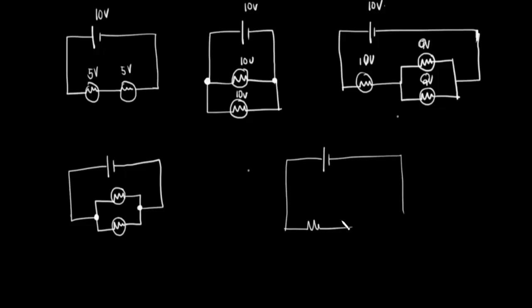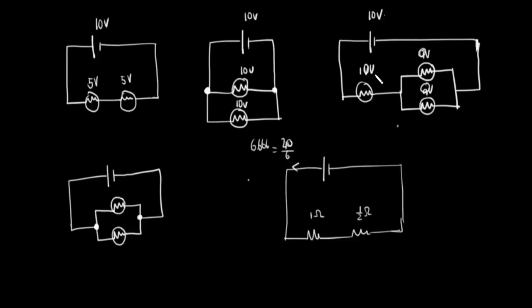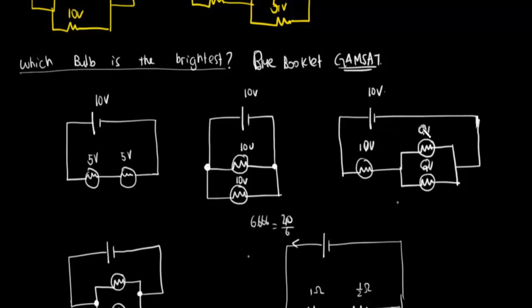We can assume this is 1 ohm, and if you combine these two, from the previous video we saw that this was equivalent to 1/2. And we saw the current going out of this was 20 over 6, which is 6.666. Therefore this is identical to the previous question.